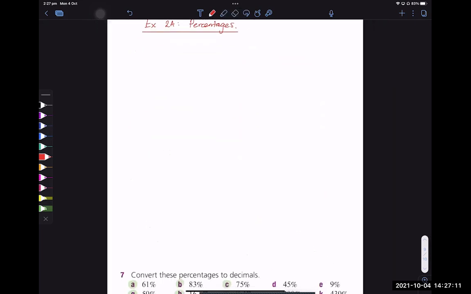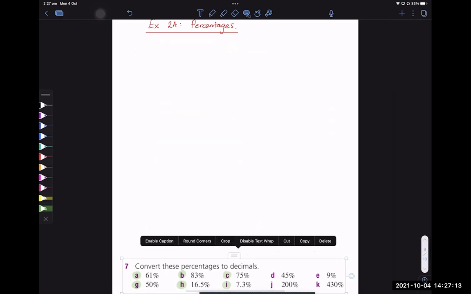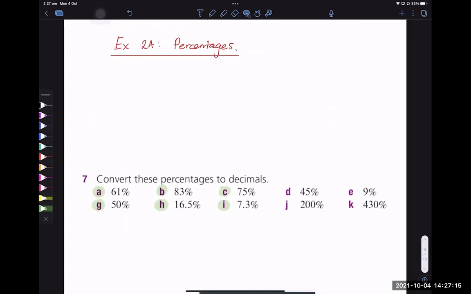All right? Now, for question number 7 here, let's have a look. We want to convert percentages to decimals. So I'm just going to write here, percentages to decimals. What do you reckon we should do if we're converting percentages to decimals?